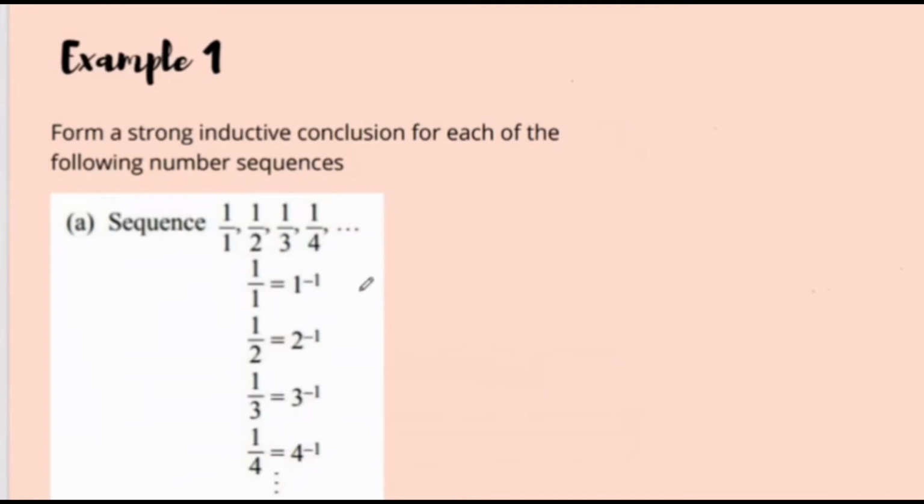The second step is you try to find the similarities between these four values, which is the power of negative 1. So you write down the power of negative 1 first. And what should you write for 1, 2, 3, 4? You write it as unknown or n.